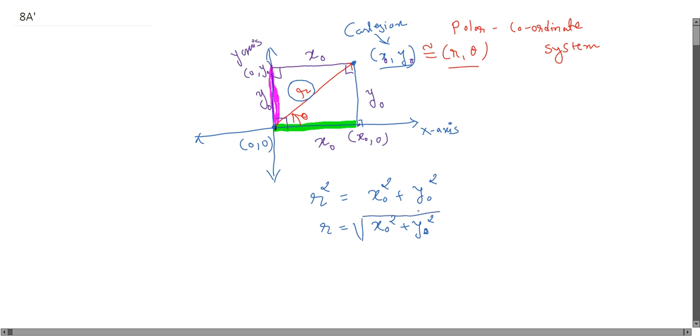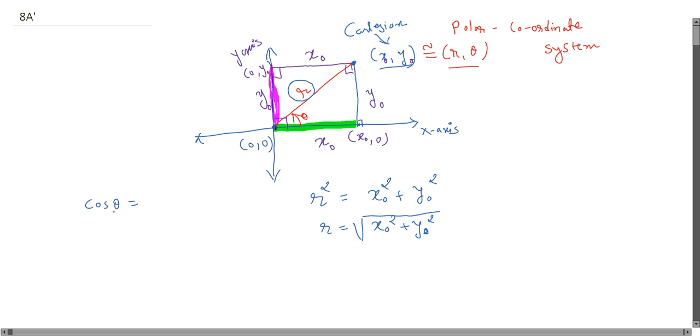If you know the values of r and theta, then you can find x0 and y0 also. If you know the value of r, first apply cos theta in the triangle with vertices 0, 0, x0, 0 and x0, y0.